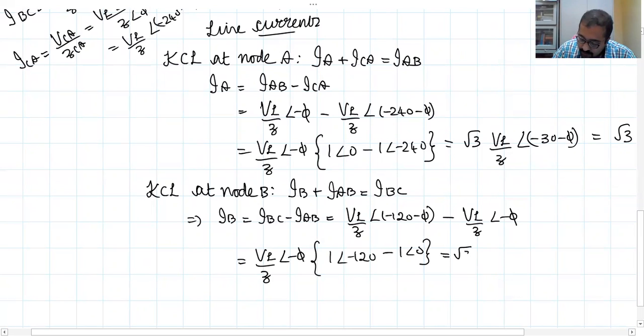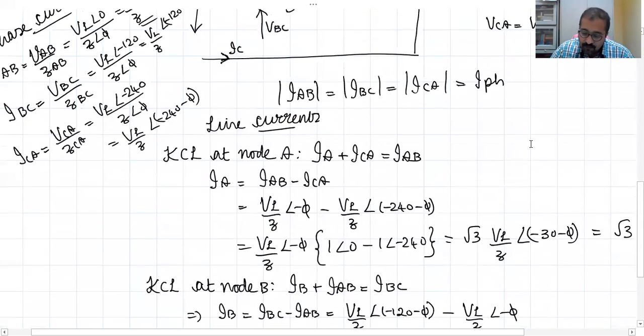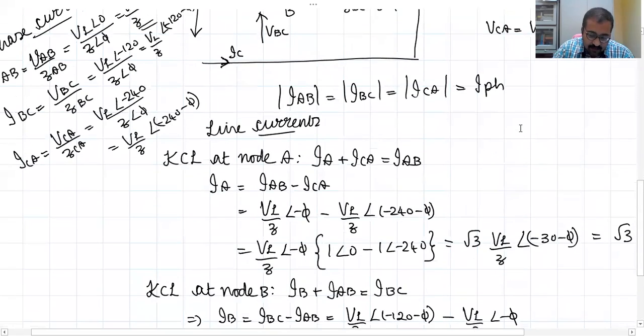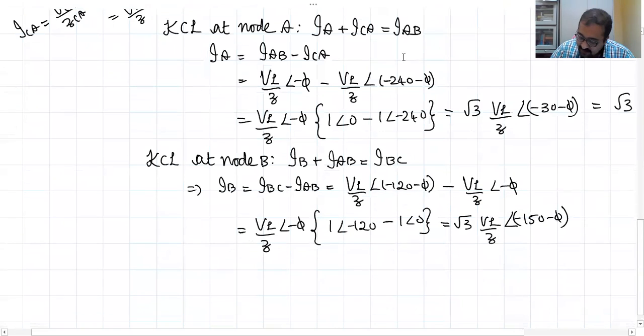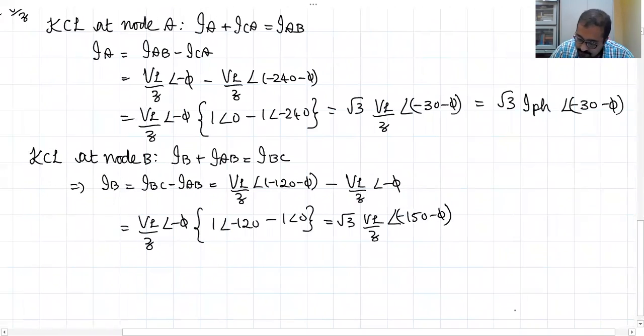So you will get root 3 VL by Z angle minus 150 minus φ. And what is VL by Z? VL by Z is nothing but the current magnitude. So I can write this as root 3 IPH into angle minus 150 minus φ.